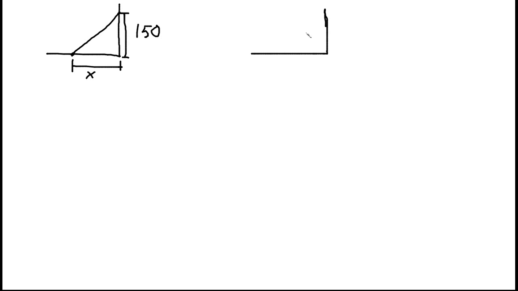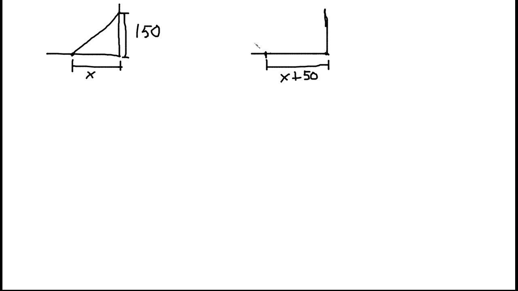So here his head is touching the wall, and this is his feet. So the distance between his feet and the top of his head that is touching the wall is x plus 50 centimeters, because we know when he moved 50 centimeters away from the wall, he fell down.